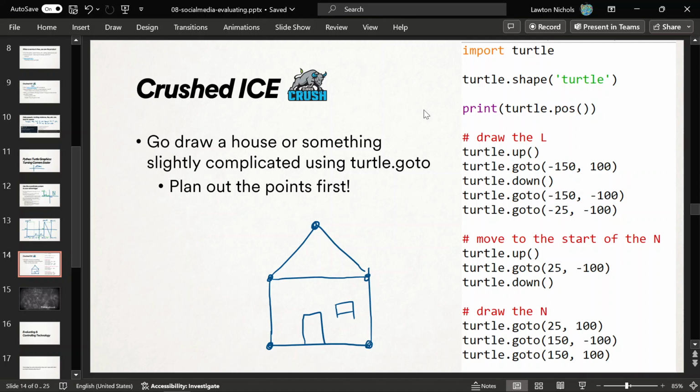Honestly, you just need one, right? Just figure out the width and the height. Pick one starting coordinate, and the rest you can solve.